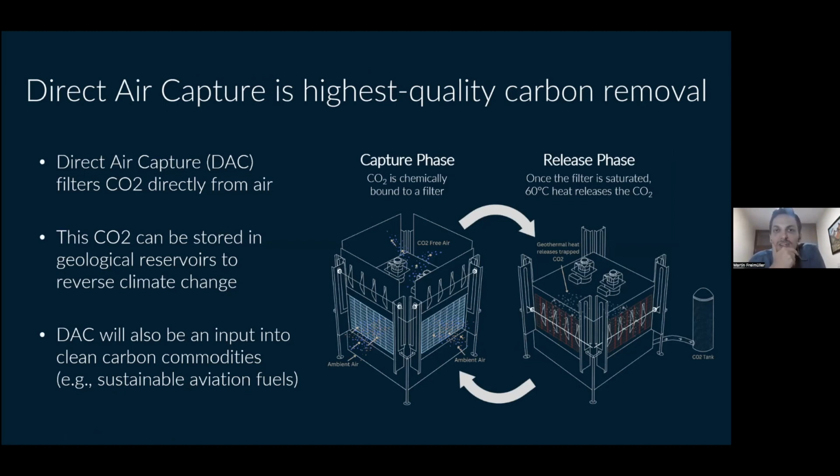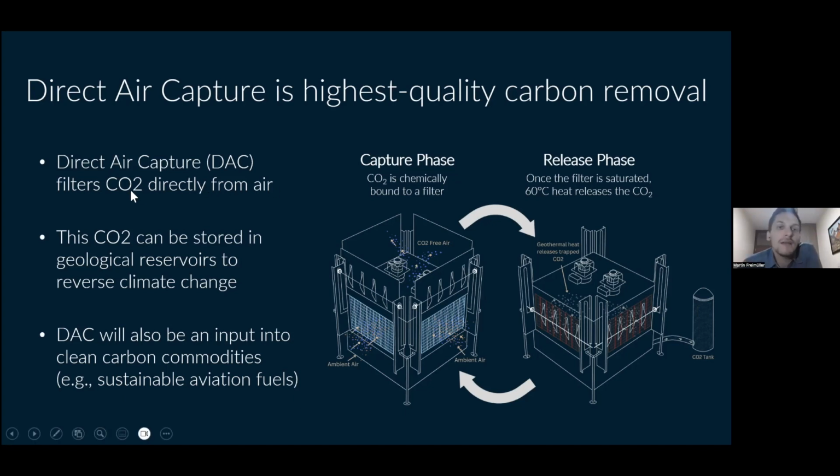Essentially, the way it works, direct air carbon capture, as the name suggests, filters CO2 directly from air. In our design it is a two-phase process. There is a capture phase where fans pull air through, in our case, the sides of the machine, and those sides have filters that chemically bind to the CO2. Then, in the later stage, we release that CO2 using low-grade heat.